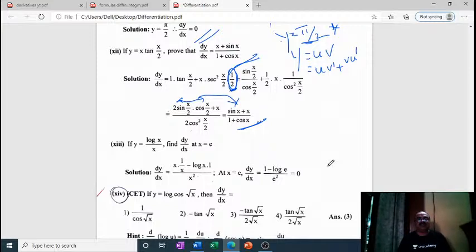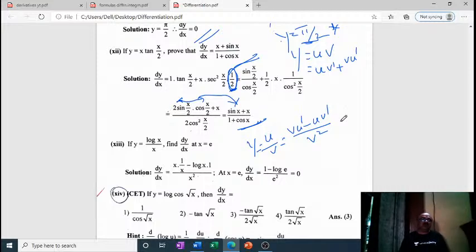See, the next one is y is equal to log x by x. Y is equal to u by v method: v into u dash minus u into v dash by v square. And after you get it, you need to substitute for the differentiated value x as equal to e.